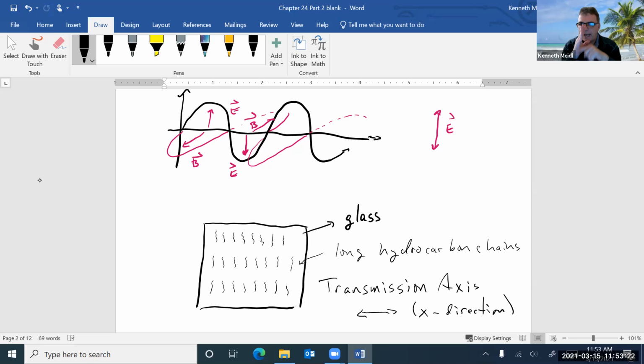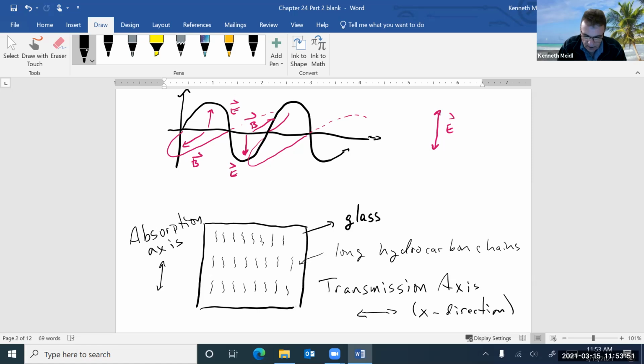But up and down they can, right? So they can act like an antenna up and down. And so those are the waves that they're going to absorb. And so that's the transmission axis. The absorption axis is along the hydrocarbon chains.